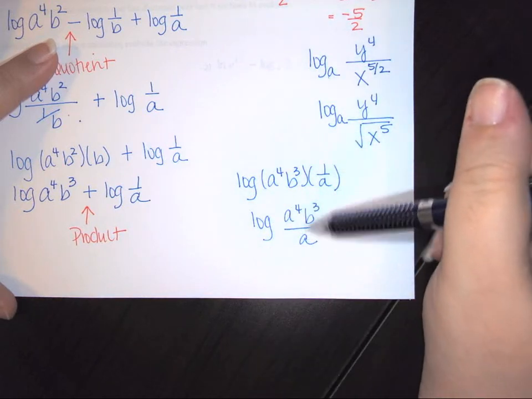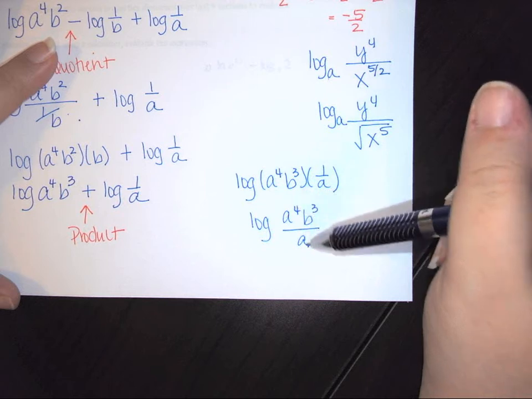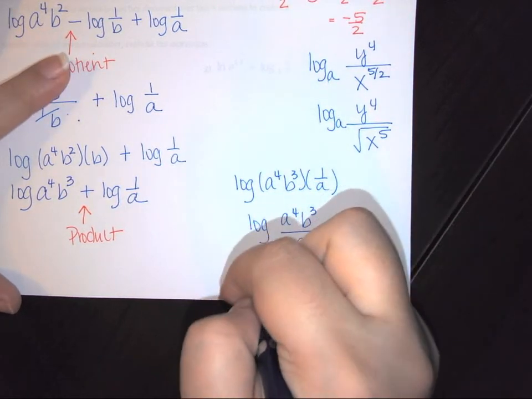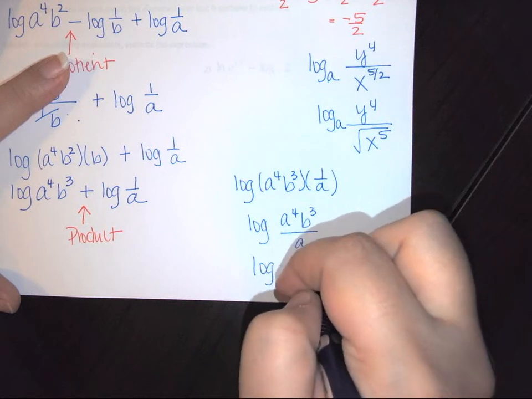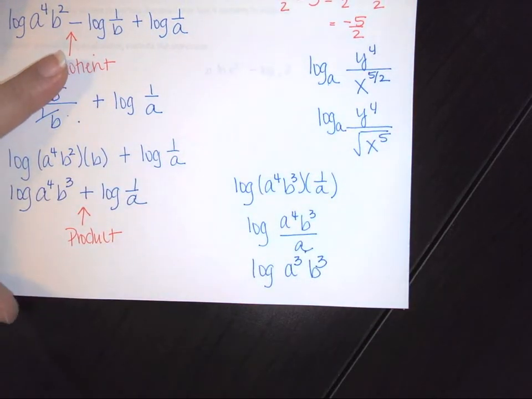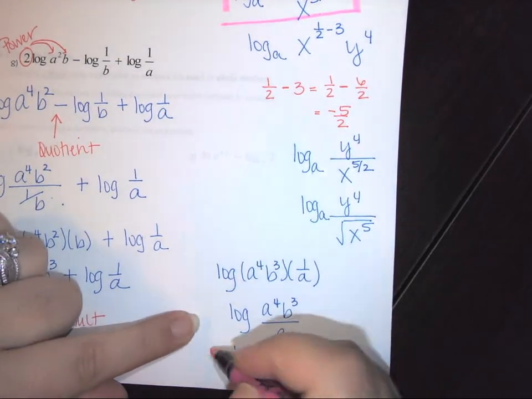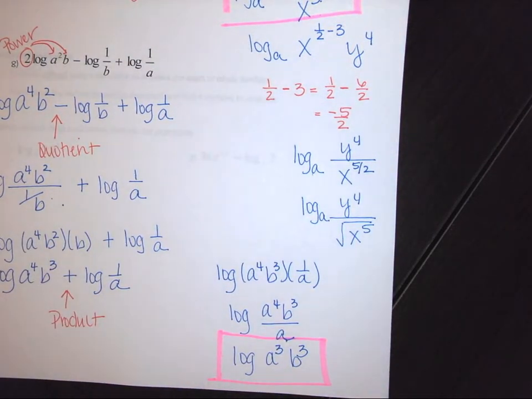So notice I have my a's are top to bottom. So I would do 4 minus 1 gives me the log of a cubed and b cubed. And there's nothing else to do, so this would be the end result of what we were looking for. And that would be the most condensed form that we have.